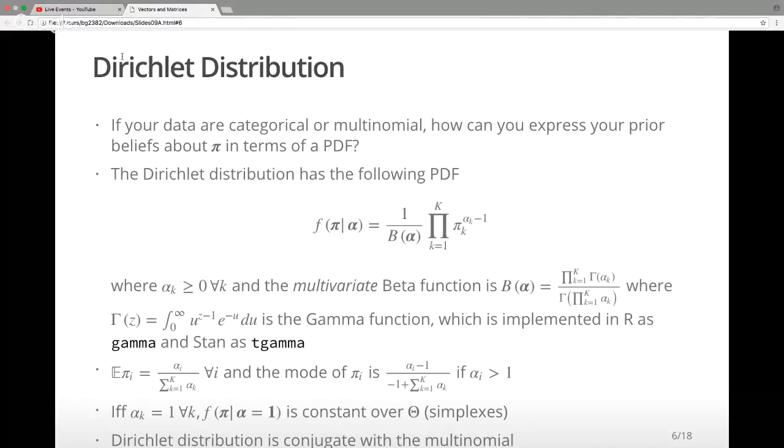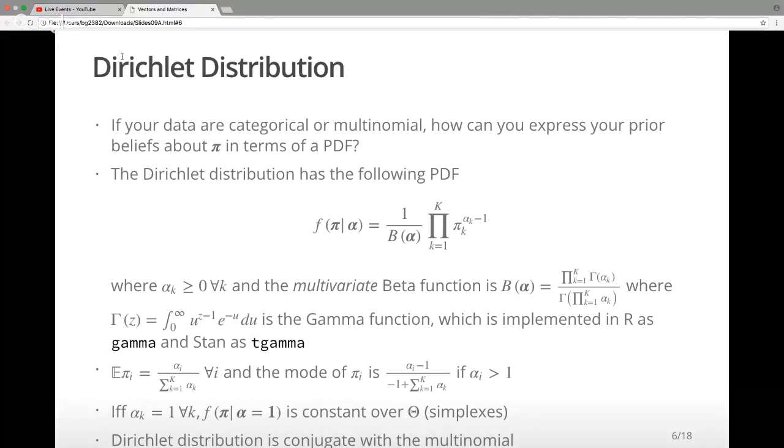In any event, under this distribution, the expectation of the ith element of pi is equal to the ith element of alpha divided by the sum of the alphas. And the mode is going to be alpha i minus 1 divided by minus 1 plus the sum of the alphas, if alpha i is greater than 1.